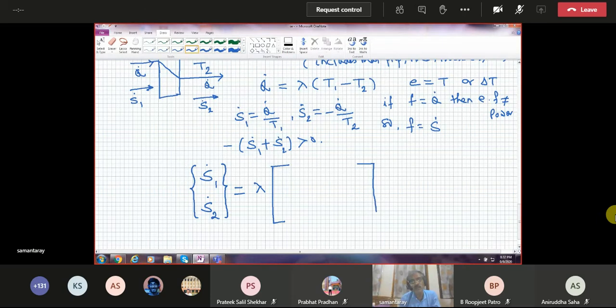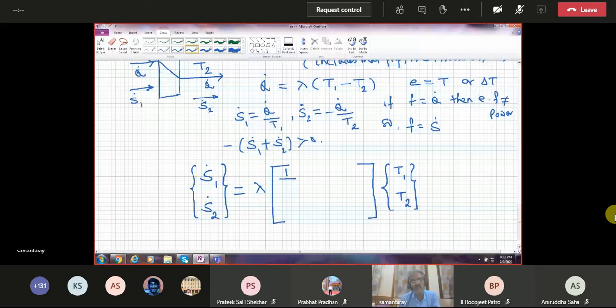Write it as a function of T1 and T2. So what we have is S1 dot is Q dot by T1. So I have T1, so 1 by T1 minus 1 by T2, so minus 1 by T1.